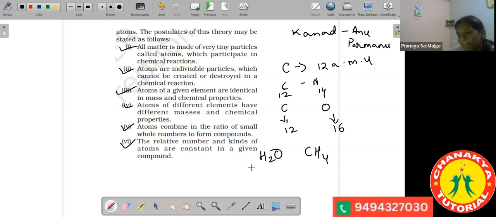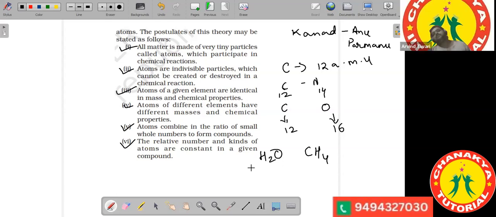Sir, when we talk about isotopes, this third postulate becomes wrong, right? Atoms of a given element are identical in mass and chemical properties. Okay. If you look at all of them, even your first point is also wrong.